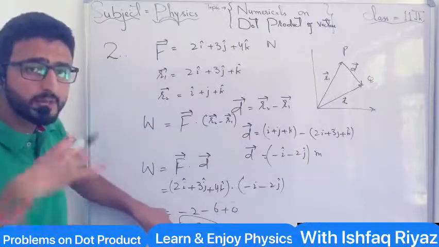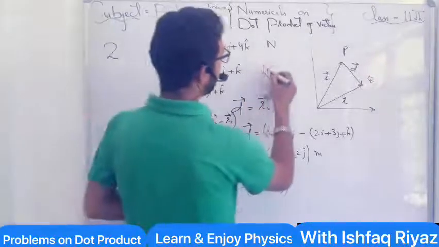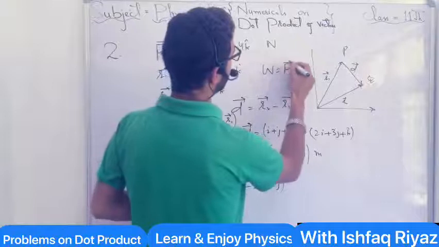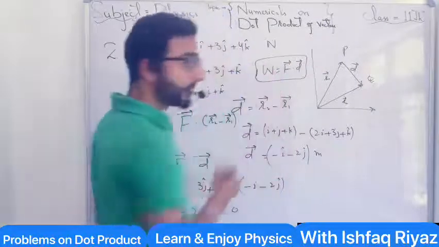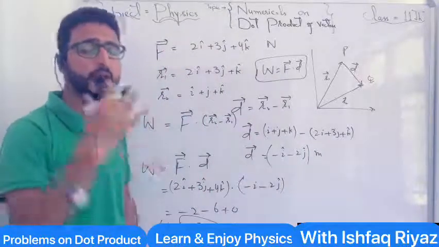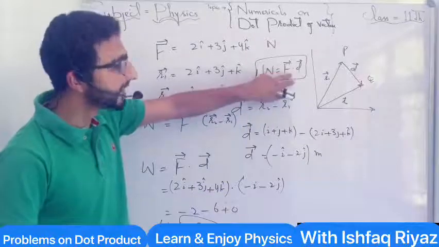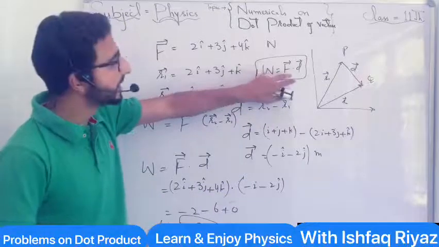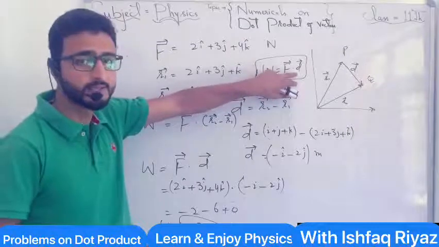And you are already familiar with this negative sign. What is the physical meaning of this negative sign? If you remember, the expression for work is given by the dot product of force and displacement. One of the properties of the dot product is that it can be positive, negative, as well as 0. Similarly, work done can be positive, negative, as well as 0, depending upon the angle between the force and the resulting displacement, right?